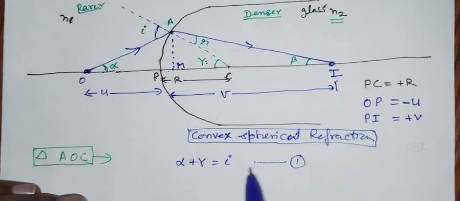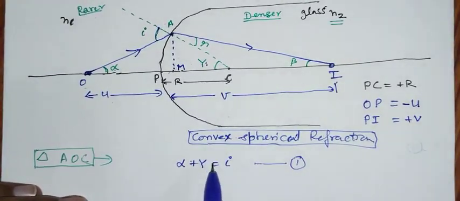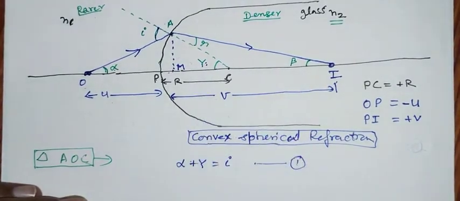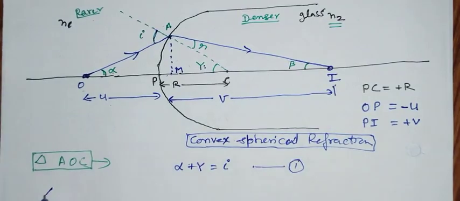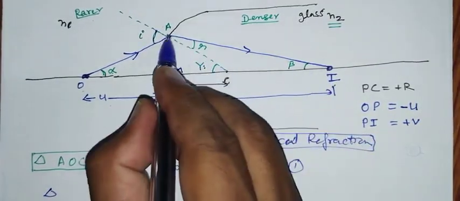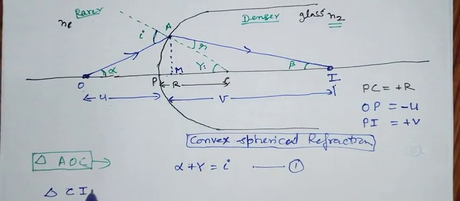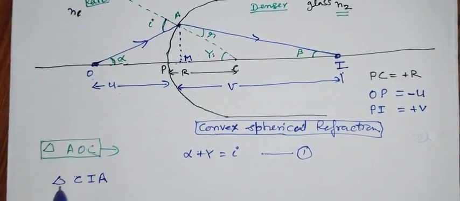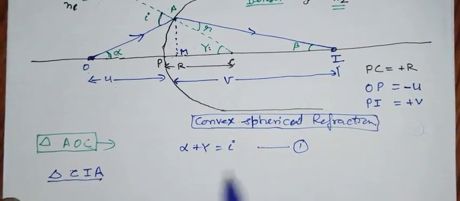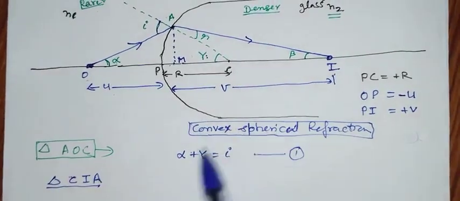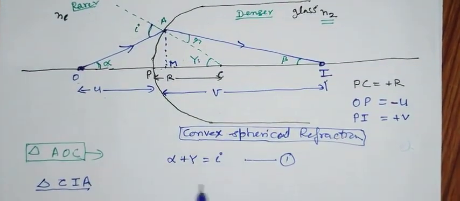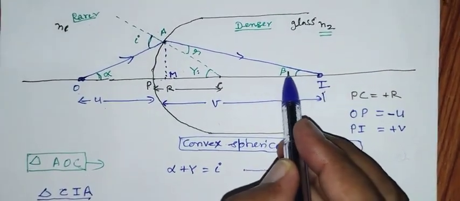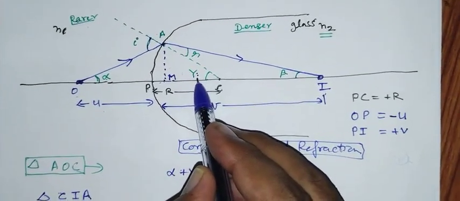Now we are going to take another triangle, the second triangle, CIA. Children, see the diagram and the things written on the paper carefully, matching with the words written here on the page with the diagram. In CIA, select two interior angles, beta and r. Its exterior angle is gamma.